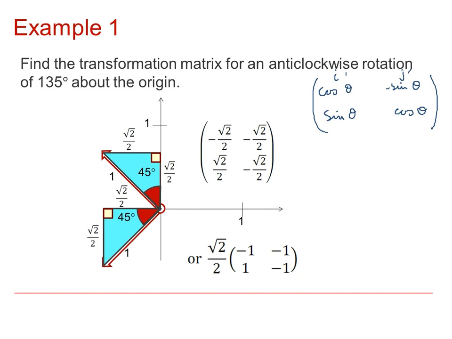And if you use that here with theta equal to 135 degrees, then indeed you will get these values. It's going to take care of the negative signs, because sine of 45 degrees that we used in the example is equal to negative cosine 135 degrees.